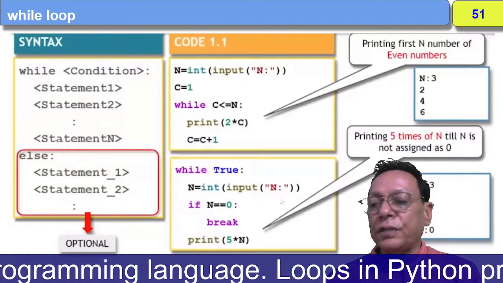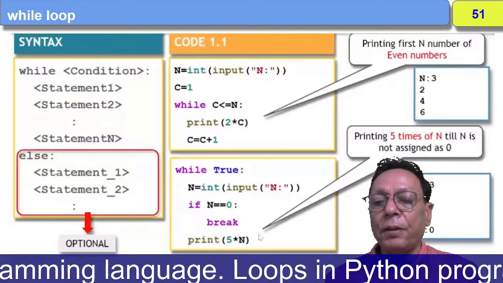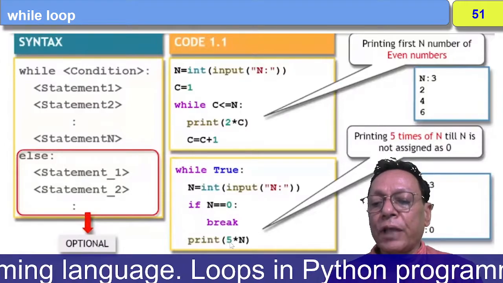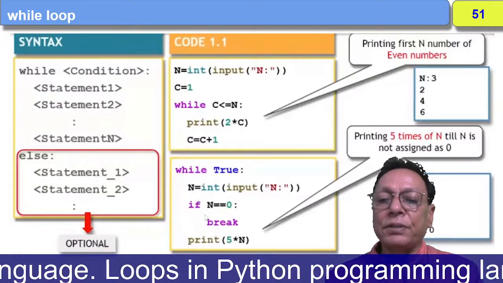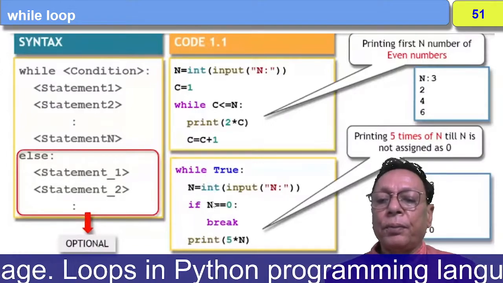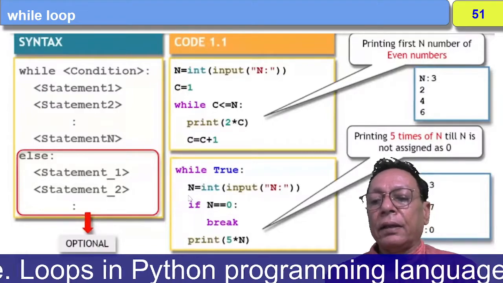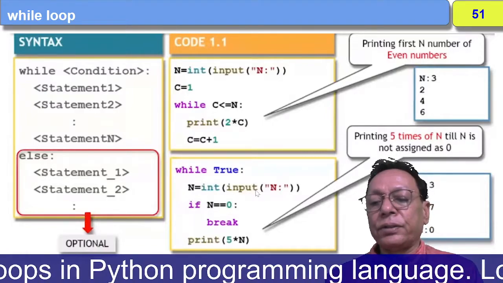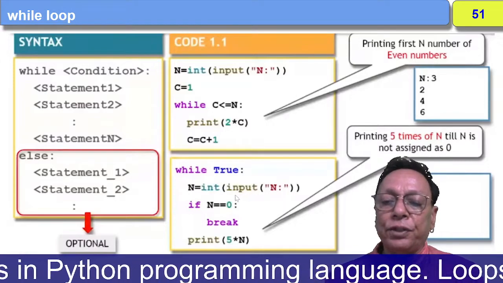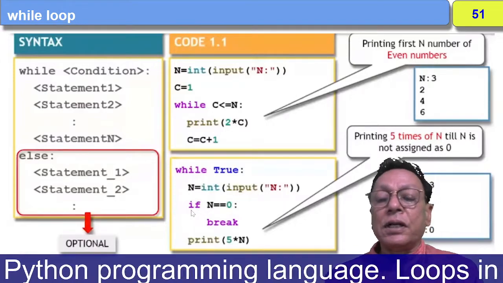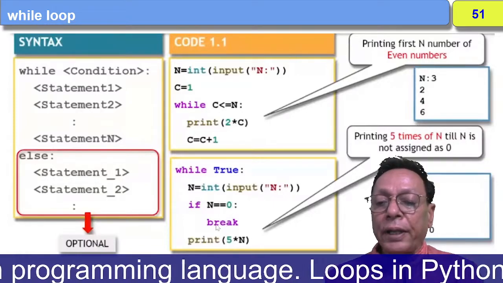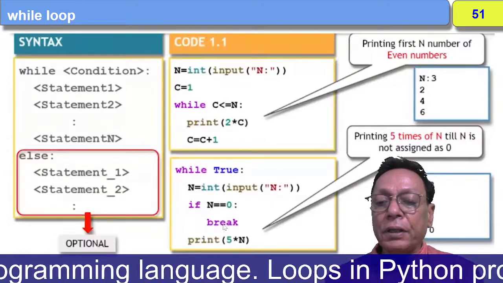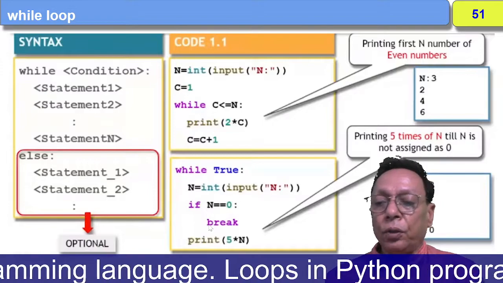So if you give, say, 7, this is the example. So n is not 0. So 5 into 7 is 35. 35 is printed. And next time, since while is true, if you give n as 0 in this step, so since this condition is found to be true as n is 0, it breaks the repetition and comes out of the loop.